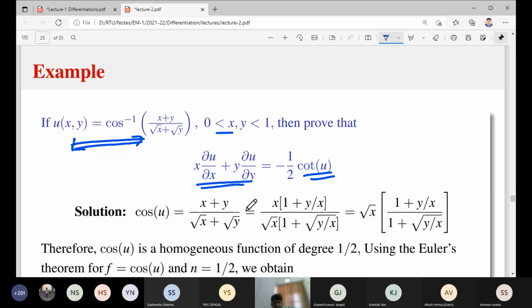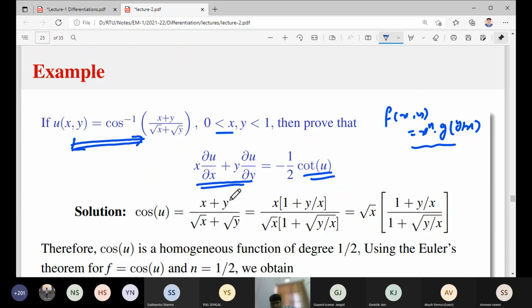So you can easily see that your given function is homogeneous now, and you can express this function in this form: f(x, y) equals x to the power n times some function of y upon x. Because if your function is homogeneous, then you can express it in this form.